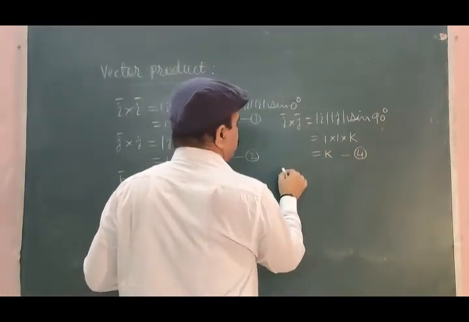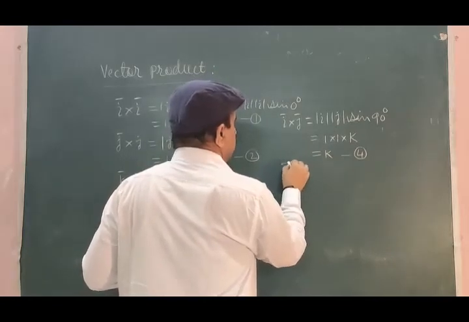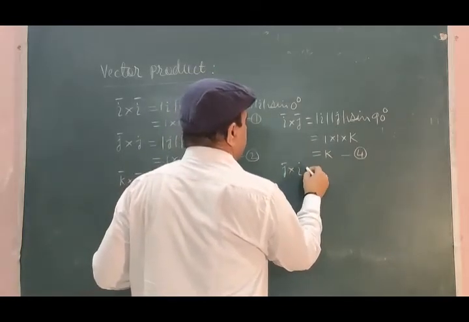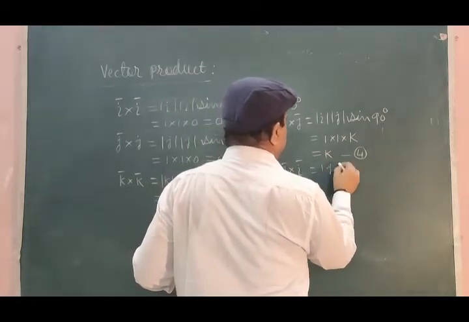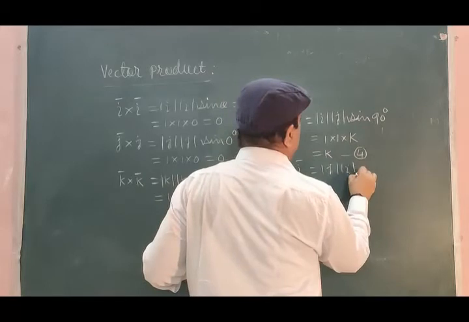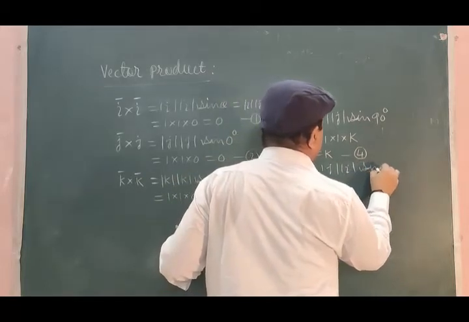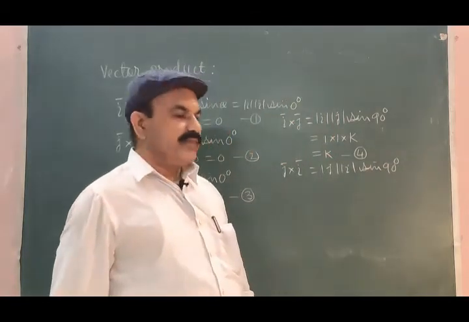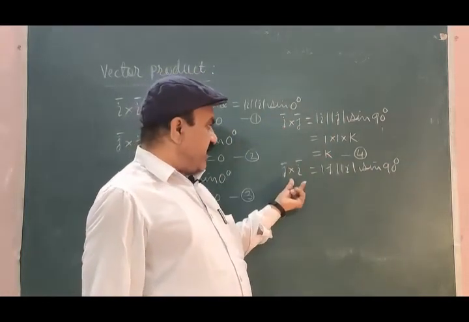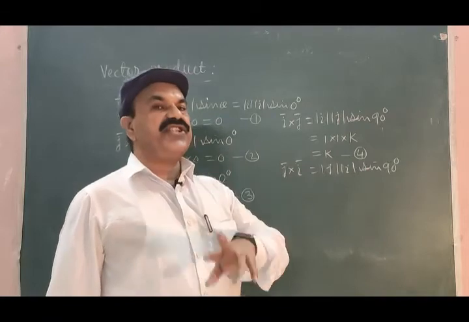Now vector j cross vector i, j i sine 90 degrees. In j cross i the direction is changed.